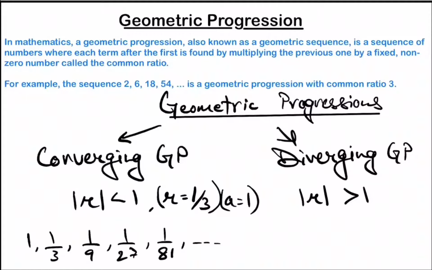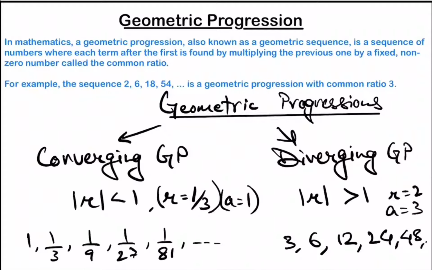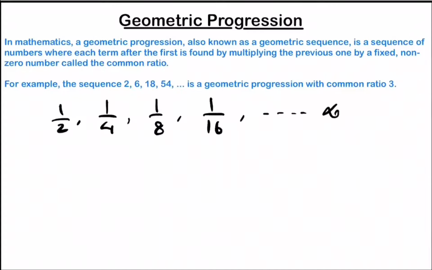While if the magnitude of the common ratio is greater than 1, say r is 2 and a is 3, then we get a series like 3, 3 into 2 that's 6, 6 into 2, 12, then 24, then 48 and so on.